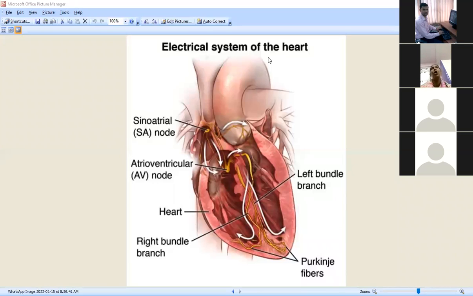Means when the blood capillaries are having oxygen, they are known as arterioles, while when they give oxygen and pick up carbon dioxide, at that time they are known as venules.